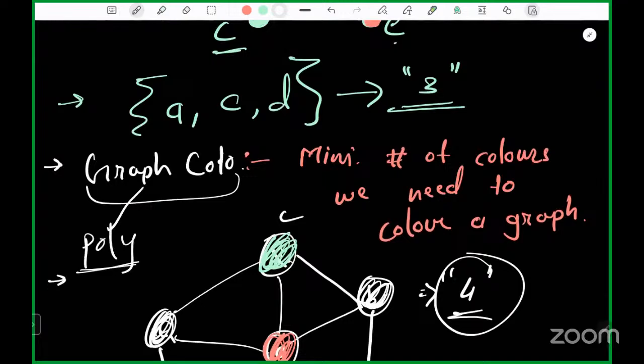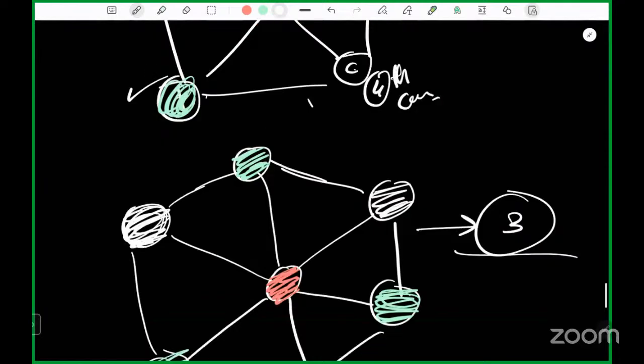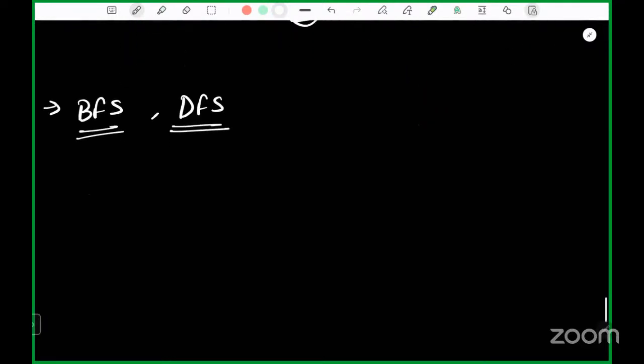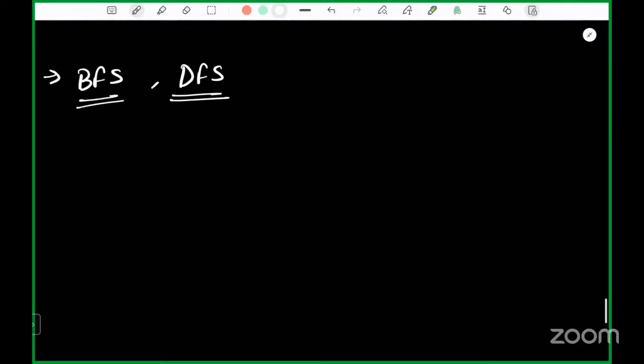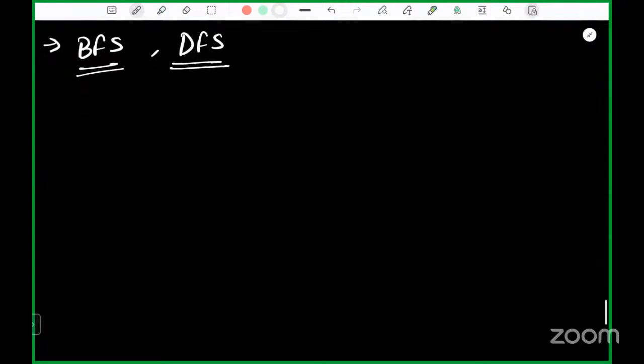That much we have done in graph theory. But further, how to analyze that polynomial and how to do other things is very tough. The polynomial that comes out depends on the number of vertices, so that will be the degree of the polynomial, and after that we have to convert this polynomial into some other form, and then we can guess. It's a tough thing to understand.